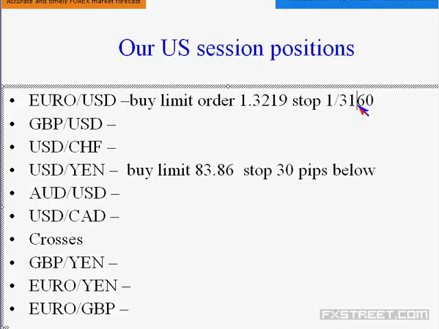So it will be about 1.3281. So just modify it and see whether they are filling it, so that at any given time you are only taking a risk of 30 pips, not unlimited risk. So whether you buy euro at 1.29 or 1.32, it is immaterial as long as you are able to limit the risk and maximize the profit.